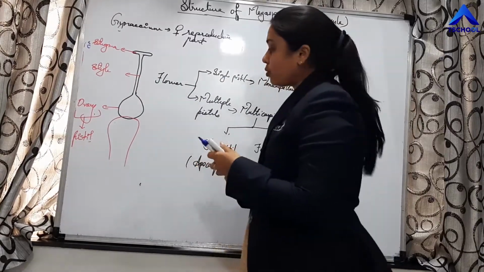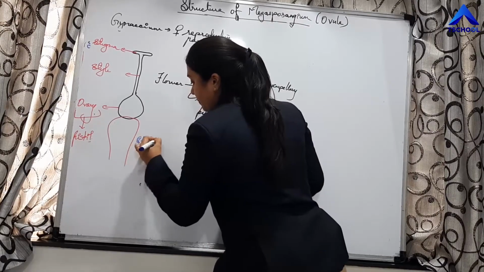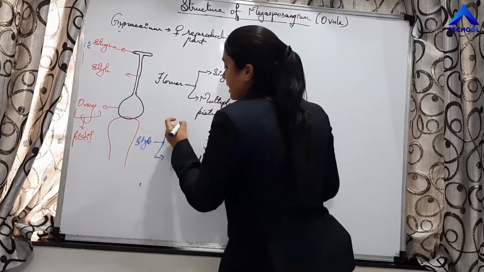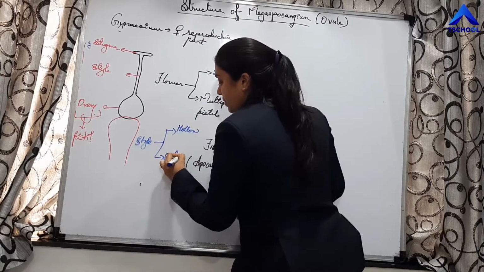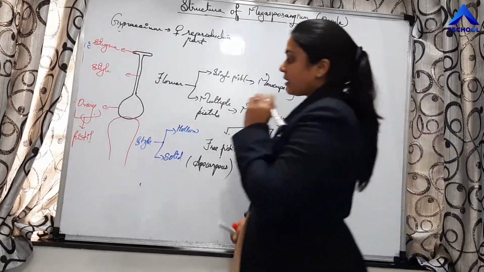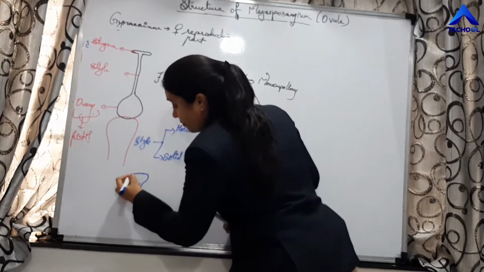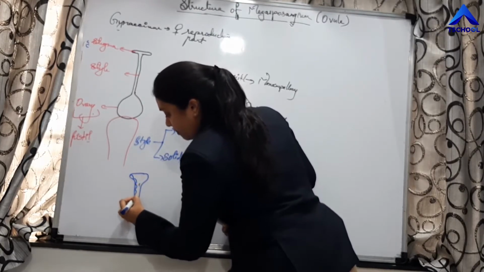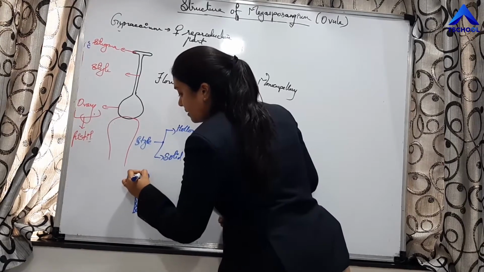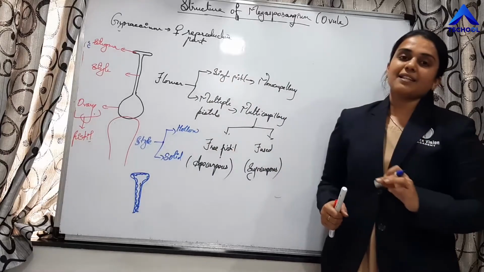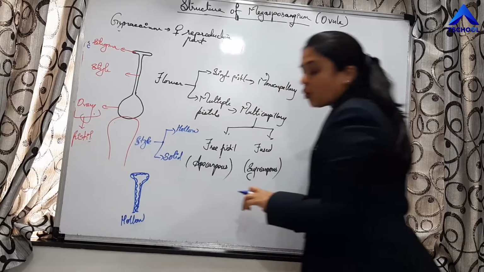Then we also know that the style can be of two types, right? The style can be a hollow style or it can be a solid style. The name itself says it. Say this is a style portion. If the style is peripherally bounded with a single layer of epidermal cells and inside the style is hollow, such a style is called a hollow style.